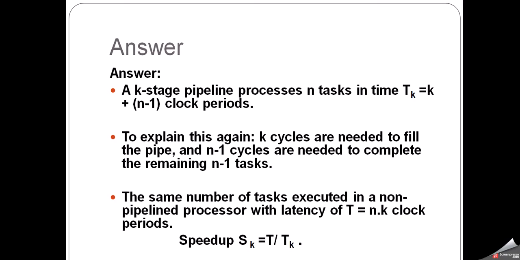Right, so a K-stage pipeline processes n tasks in time k plus n minus 1 clock periods. I don't perhaps need to explain it again. The same number of tasks executed in a non-pipelined processor with latency of tau takes n times k clock periods. So the speed up is going to be T divided by Tk.